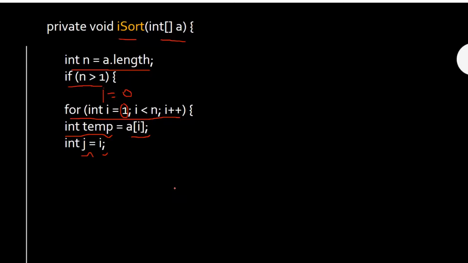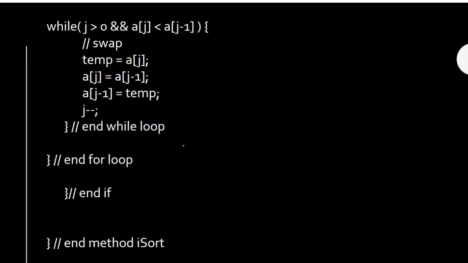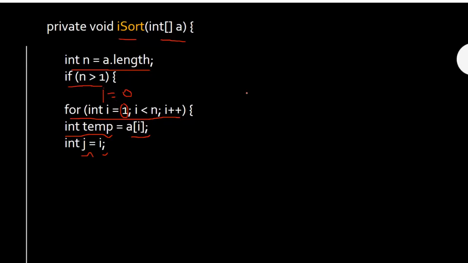Now you will see that here we are making use of the variable j to be able to do our comparison. We are not making use of the i, and the reason is because temporarily we want to be able to use the current session. The current value that we are trying to sort is the value of i.